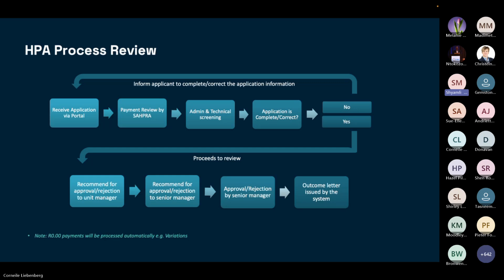Then it's recommended to the senior manager, who is the final approver or rejecter of the application, and the outcome letter then is issued by the system. So that, in a nutshell, is basically what our process flow is like, and it's actually built into the new system. Thank you, Cornel.